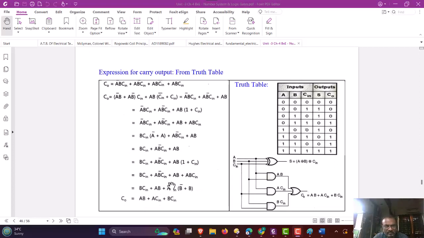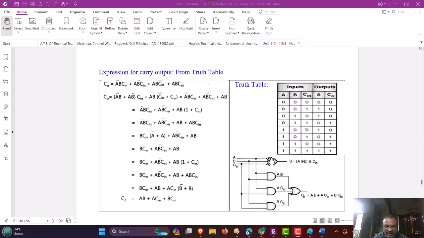And therefore, the final carry output is AB plus AC in or BC in. So ultimately, it is a sum of three product terms: AB, AC in and BC in. That is the carry. Now we have the sum as well as the carry expressions.